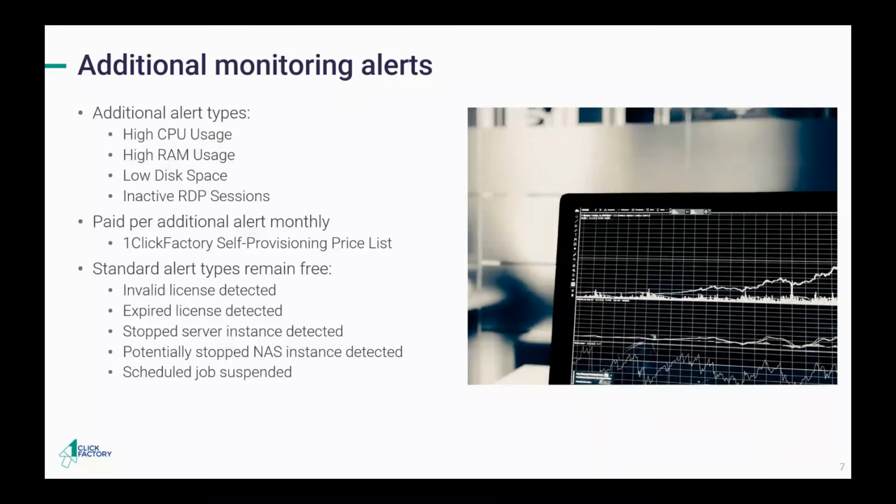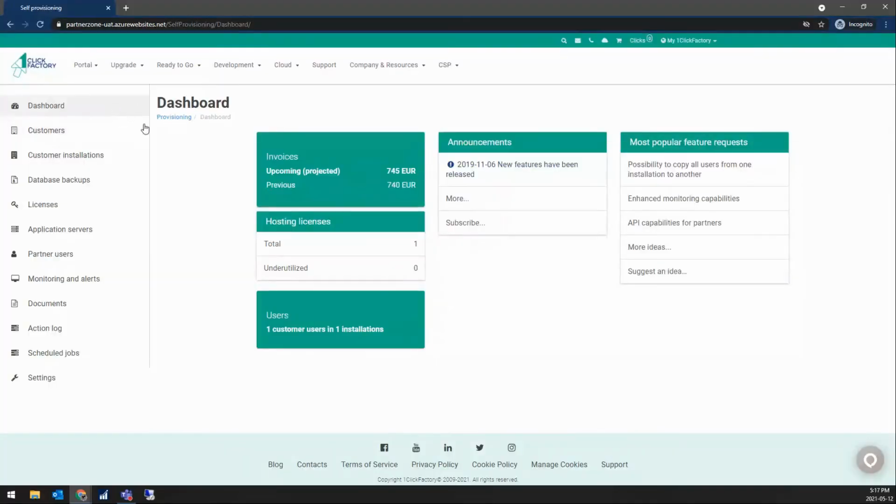Yeah. So let me share you my screen, and I will show you a quick demo how to configure a new alert. Yeah. So hopefully you are able to see my screen now. And currently I'm in the dashboard menu of my self-provisioning portal.